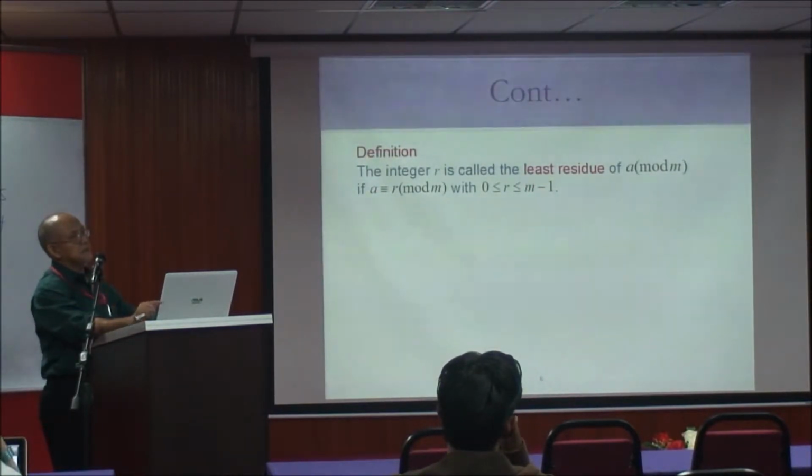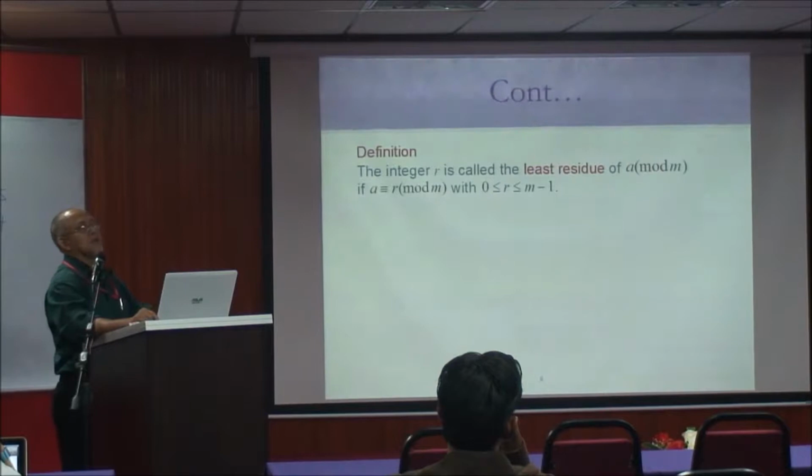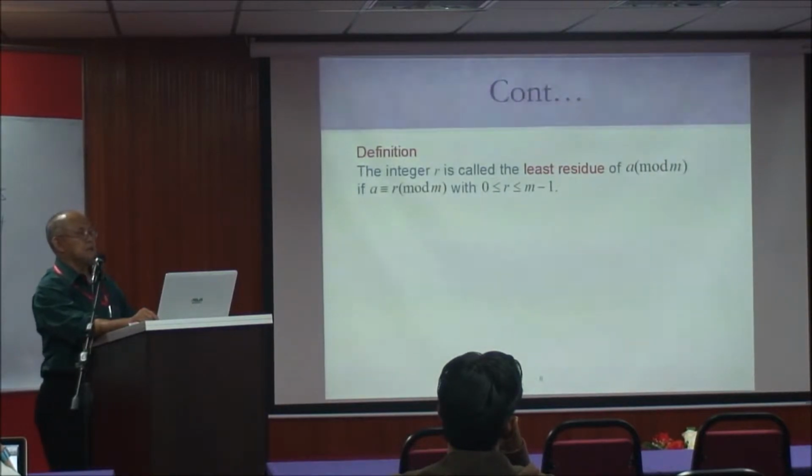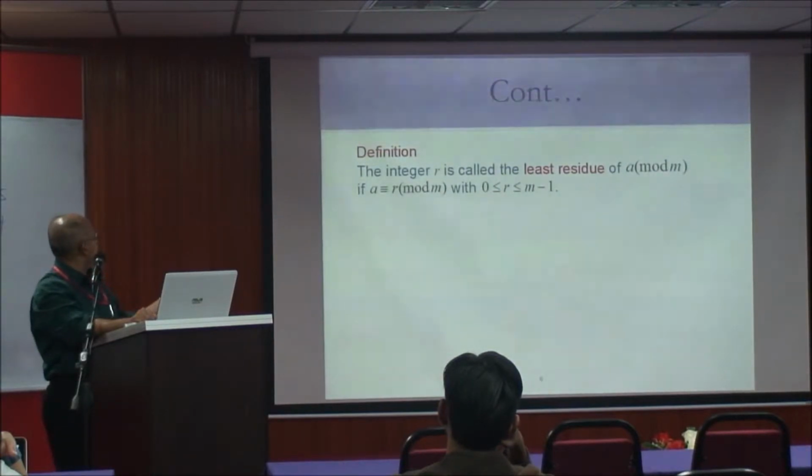There are some other integers which have the same residue, and some other integers which have different least residues. But definitely every integer must be congruent to exactly one of these, between 0 and M minus 1.